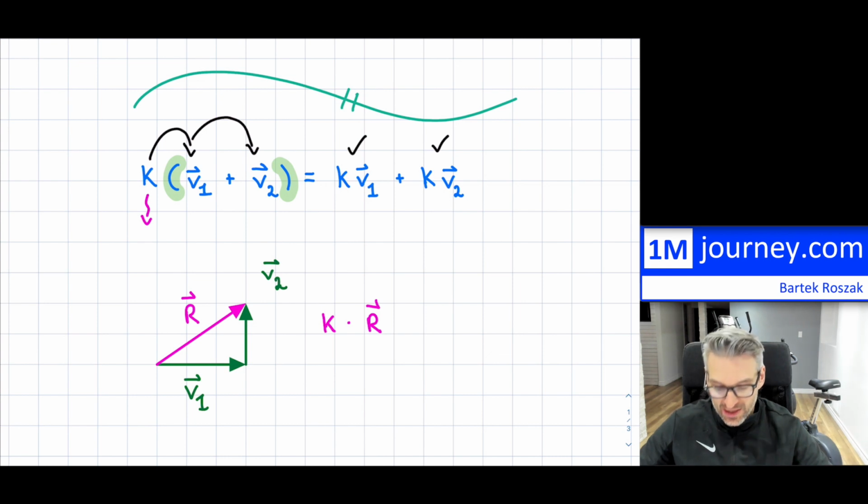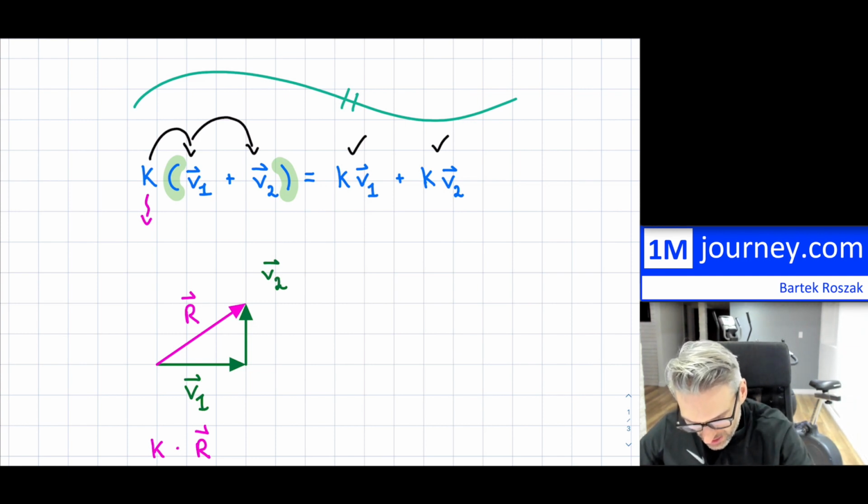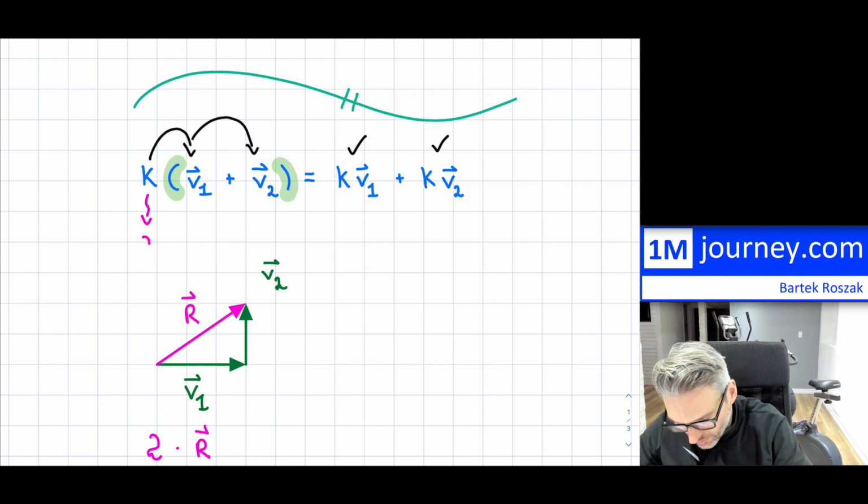Now, this is exactly the same thing as distributing the k across. To make this worthwhile, although it works for general k, let's assume that the k was equal to 2.